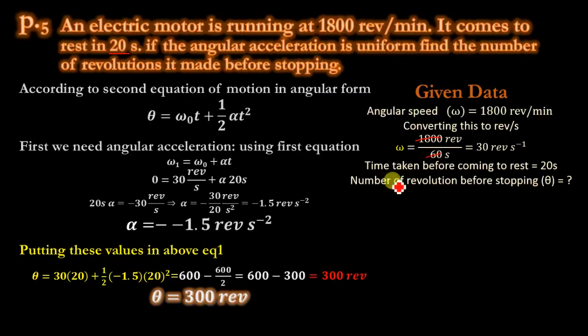We will solve this using two equations. Number one is the second equation of motion, which is S is equal to Vi t plus 1 over 2 a t square.